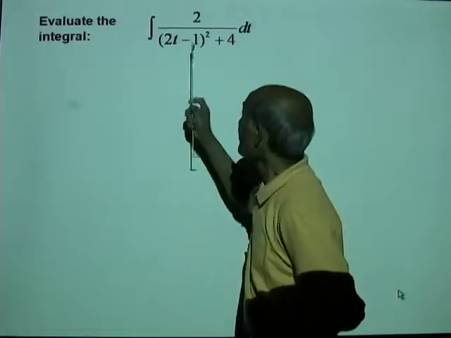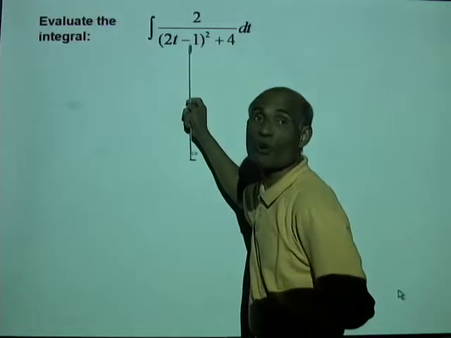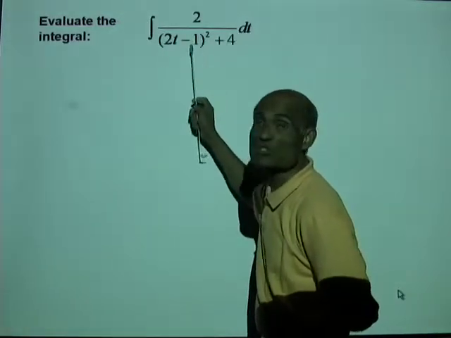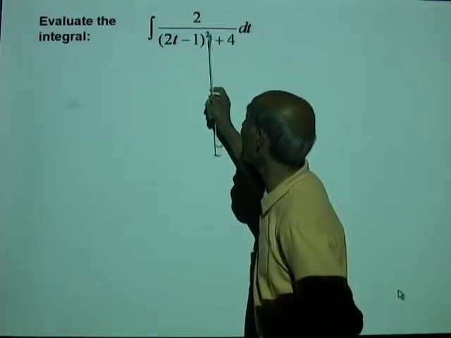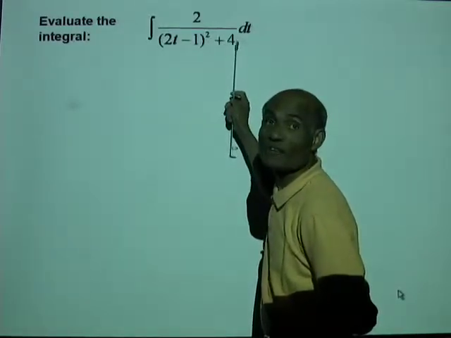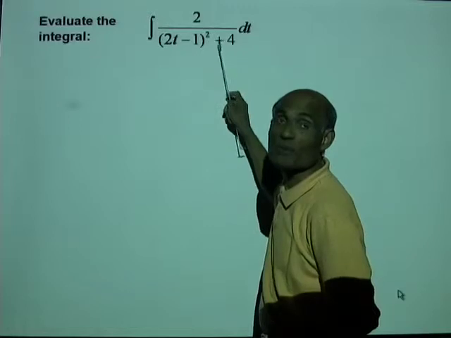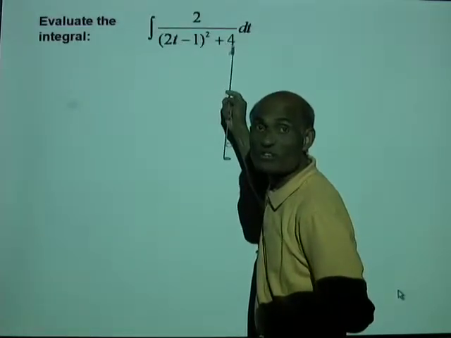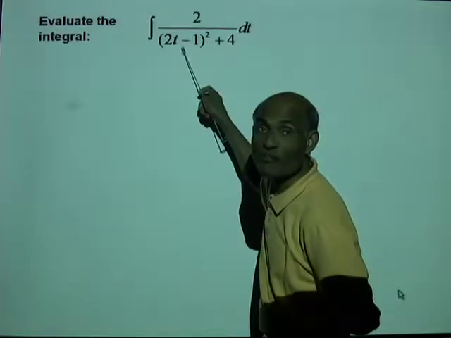You need to visualize and see what form this is. The denominator is of the form a squared plus x squared, or x squared plus a squared.